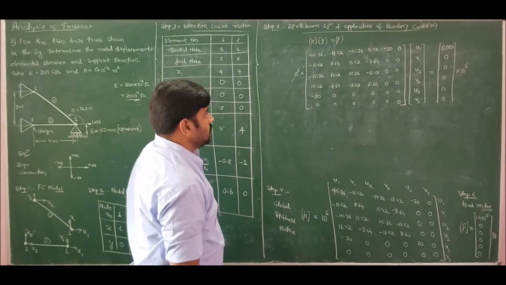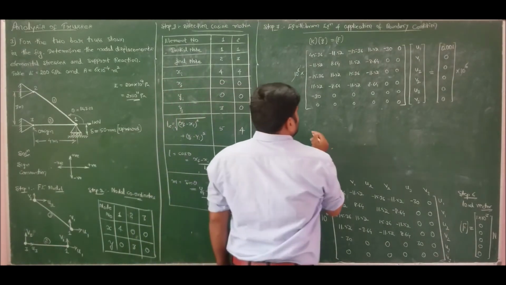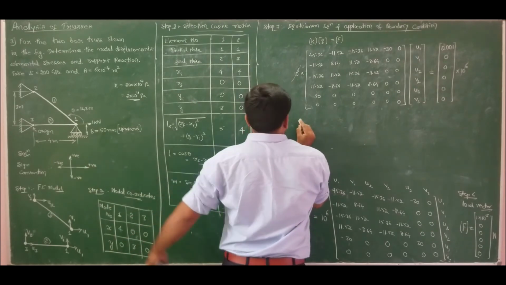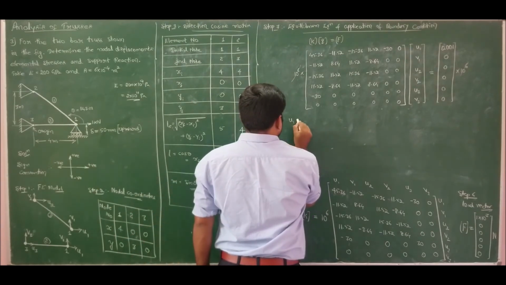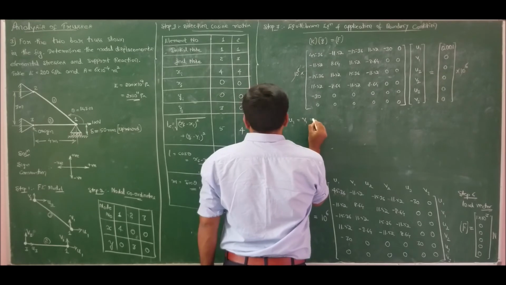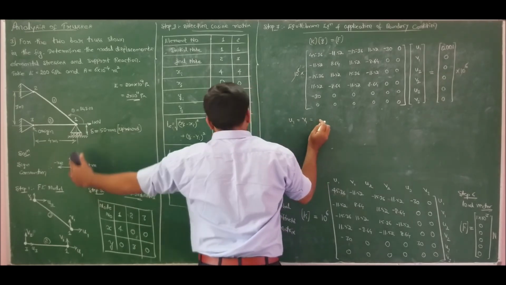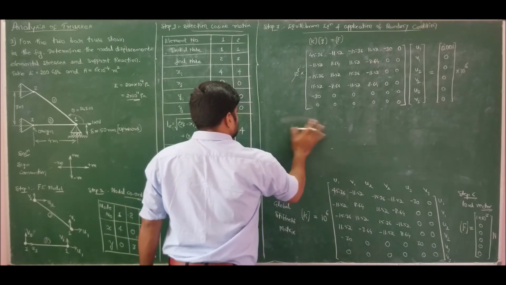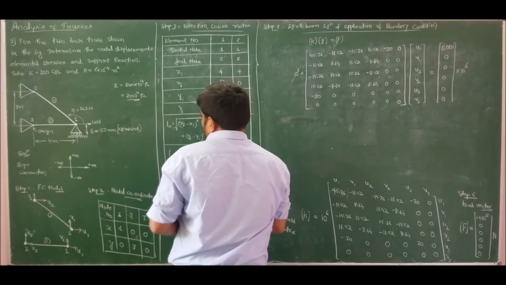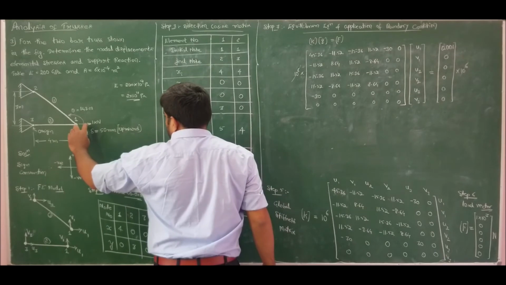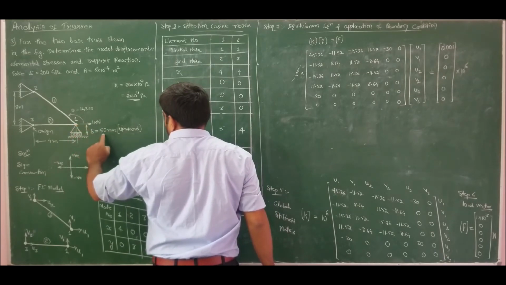handling the boundary condition. Now coming for the displacements, node 1 is fixed, U1 and V1 are 0. So at node number 1, he has given the displacement in y direction as 50 mm upward.